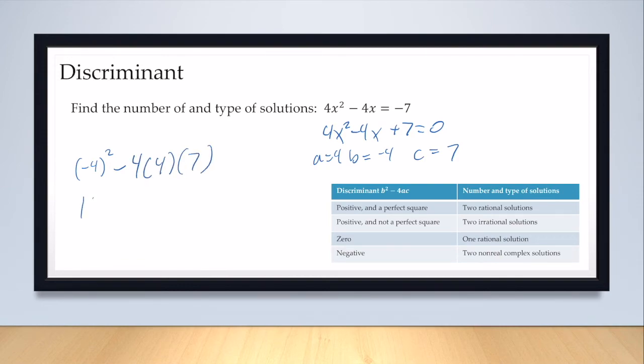So I have 16 minus 4 times 4 is 16 times 7. That's 112. 16 minus 112 is a negative 96. So I'm going to have two non-real complex solutions.